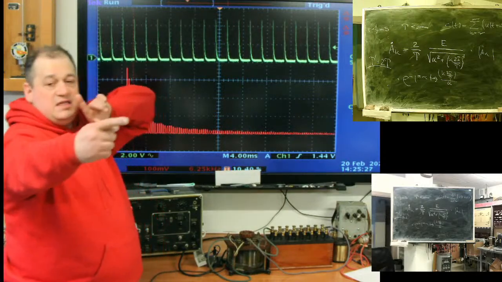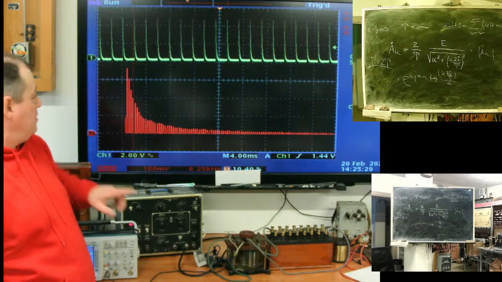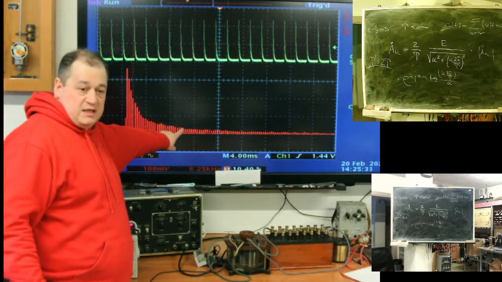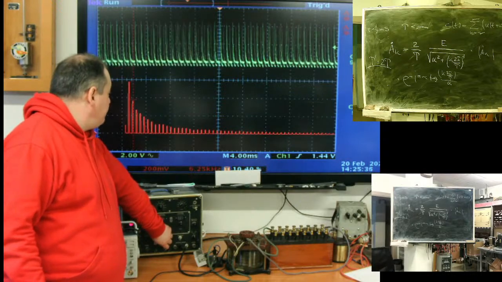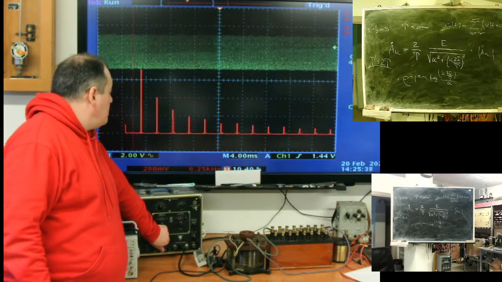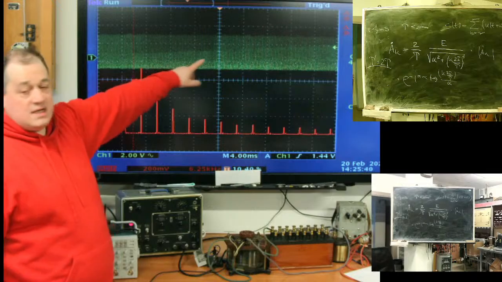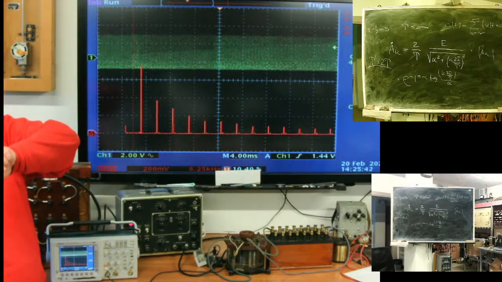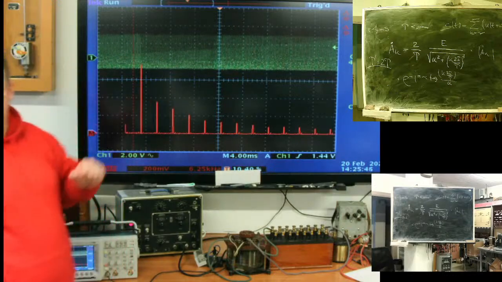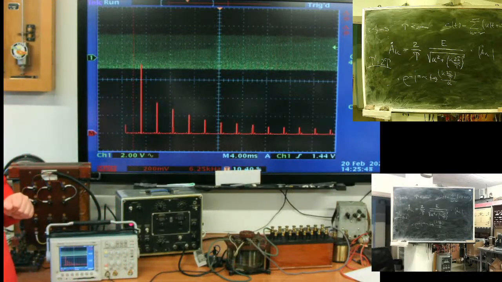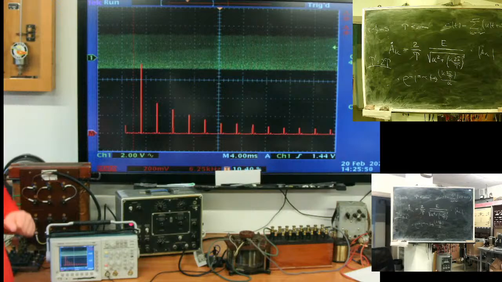The higher the period, the closer are spectral lines. You see they are coming closer. The closer the distance between pulses, the shorter the period, the higher is the distance between spectral lines. See?